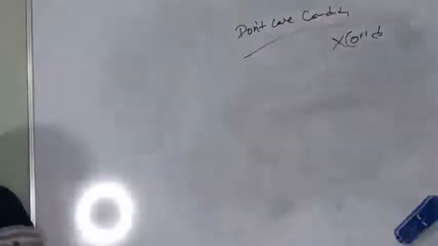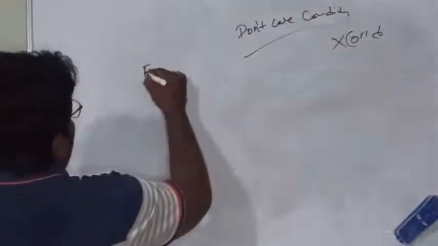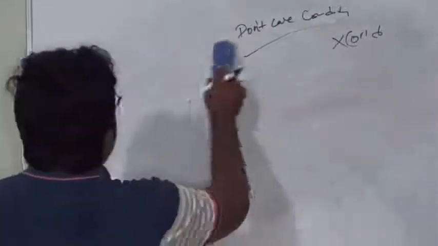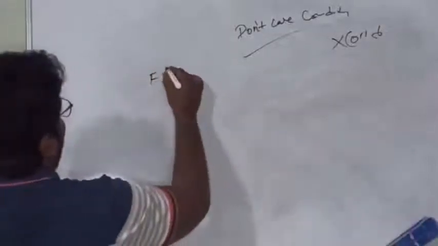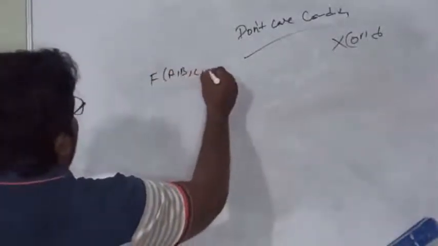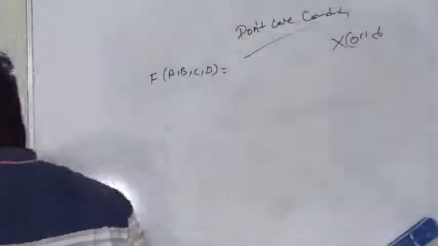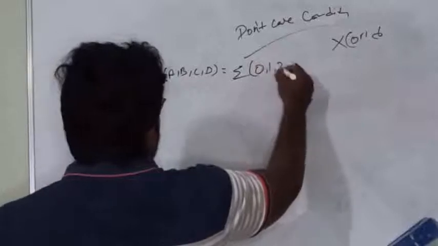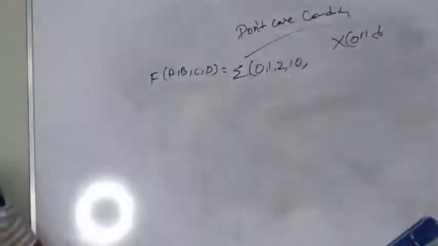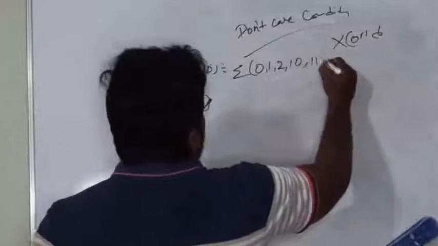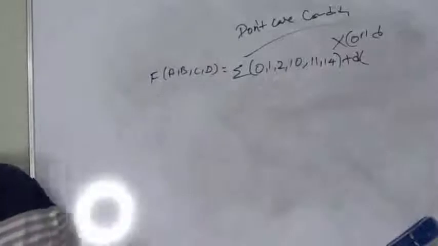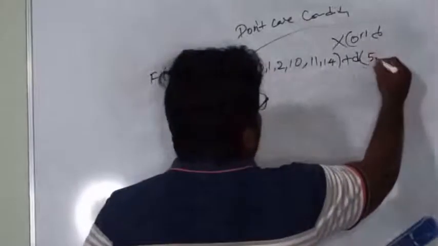f of a, b, c, d is equal to summation of 0, 1, 2, 10, 11, 14 plus d of 5, 8, 9.